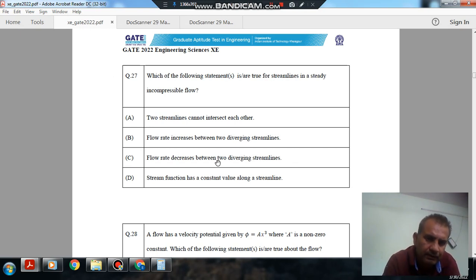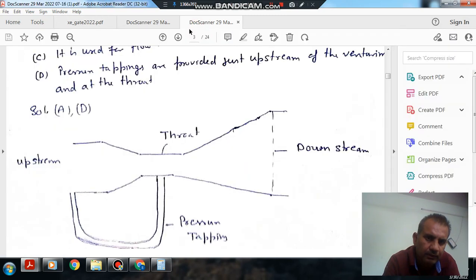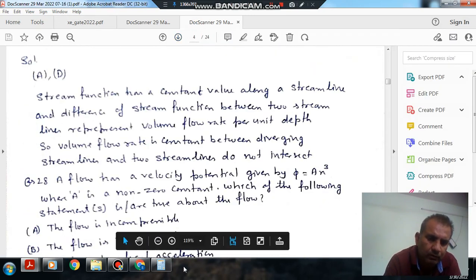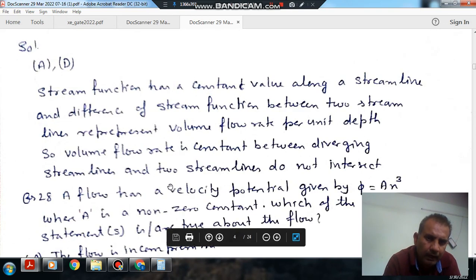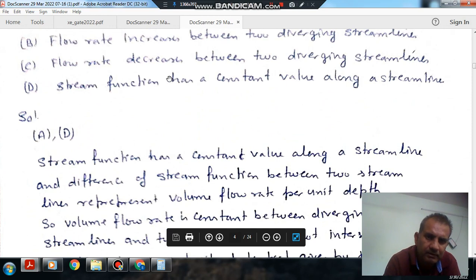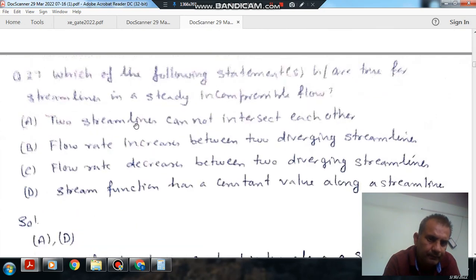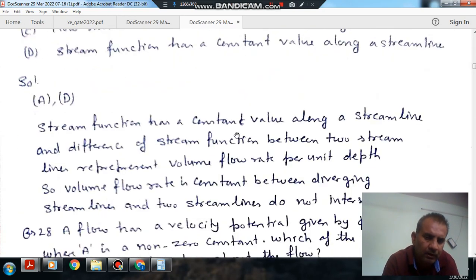D, stream function has a constant value along the streamline. That is true. And the flow rate remains constant, so B and C are not true. And A is true, two streamlines cannot intersect each other. So answer is A and D.